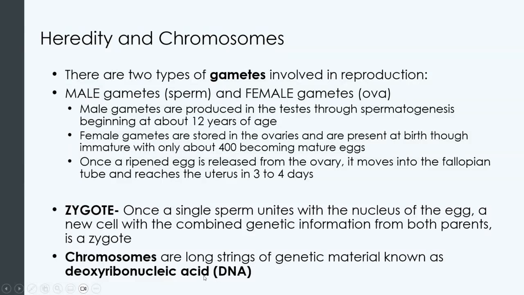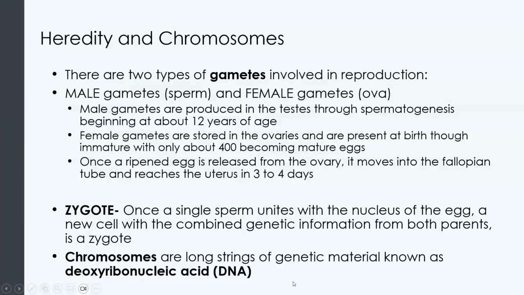And once they come together, when a single sperm unites with the nucleus of the egg, they form what's called a single-celled organism called the zygote. And that zygote typically will be formed in the fallopian tubes, and then it will start traveling down as it starts what is called cell division and multiplication.